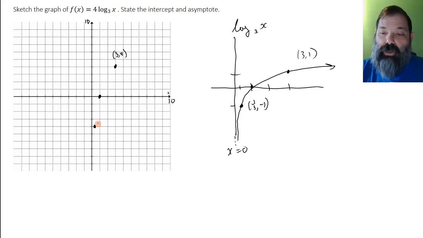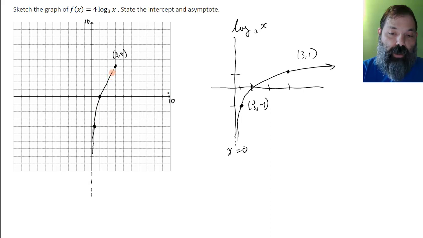The asymptote is still at x equals 0. Right, so there's no adjusting the asymptote. Right, so the curve looks roughly the same basic shape. It's just a vertical stretch. The next point, if I really wanted to, would have been (9, 2).